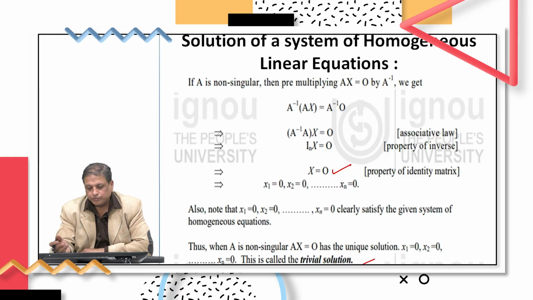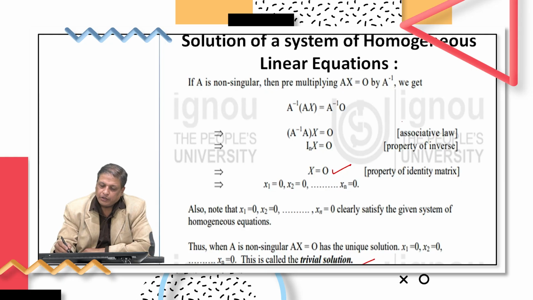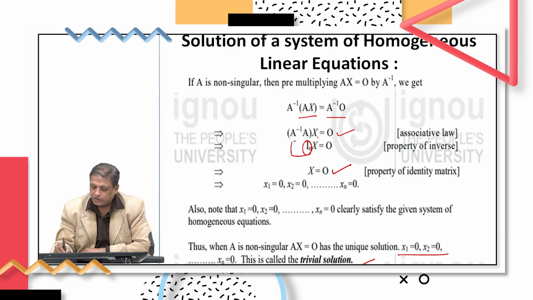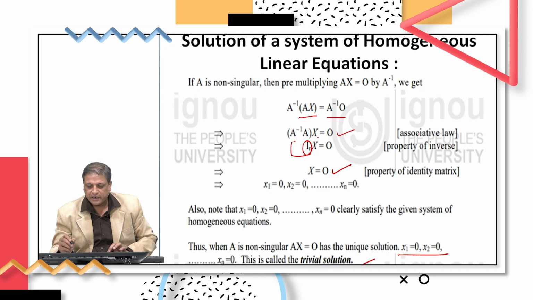Because A inverse into B will be equal to 0. So this means that A inverse into Ax is equal to A inverse into 0, that is the 0 matrix. So that means A inverse A into x is equal to 0, and A inverse A is nothing but your identity matrix. So that means x is nothing but 0. So the trivial solution is x1, x2, x3 all are 0. I hope you understand this.